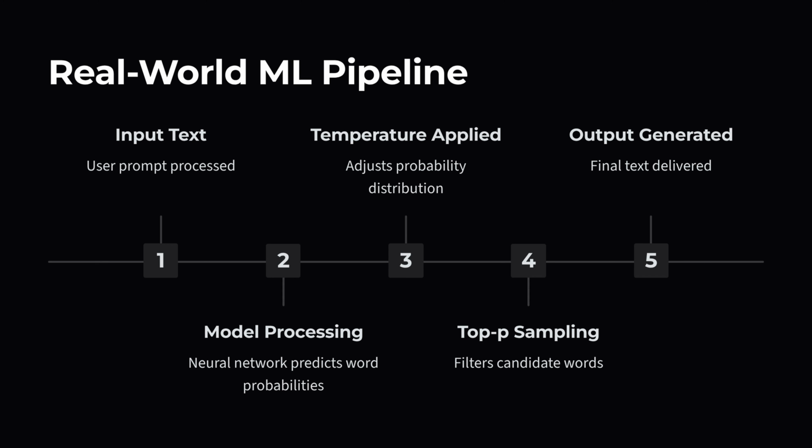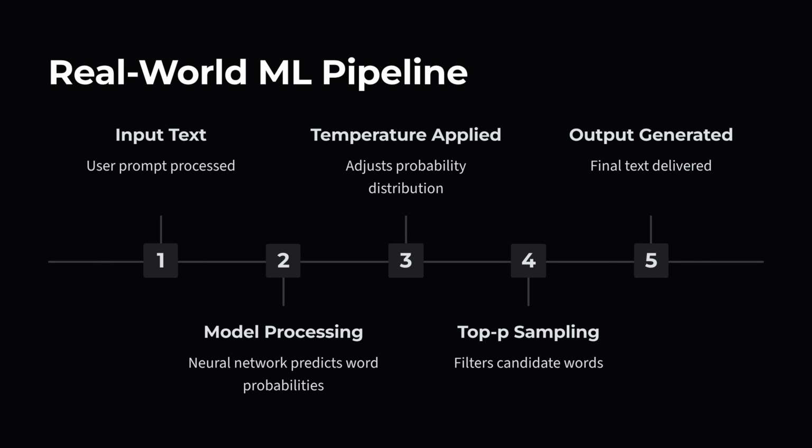Top P then filters out words that don't meaningfully contribute. From that trimmed list, the model picks one word, adds it to the context, and repeats the cycle until the full response is complete. Explaining this sequence in interviews shows you understand both the what and the why behind sampling.